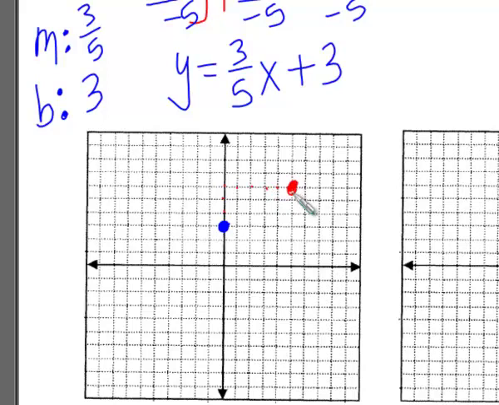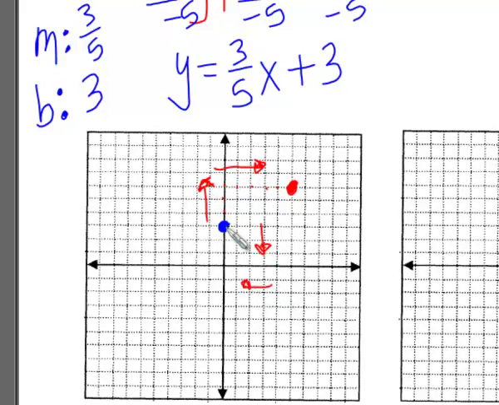Plot a point here. Now, if I were to extend this line further down towards the bottom and to the left, then I would need to go the opposite direction than I just did. So I just now went up and to the right. So now I need to go down and to the left.